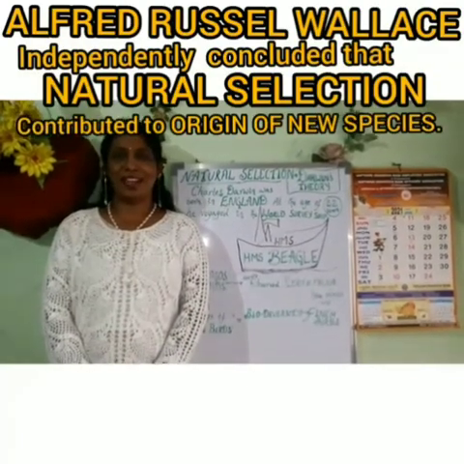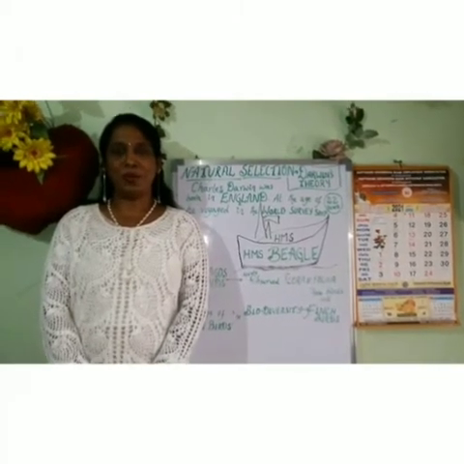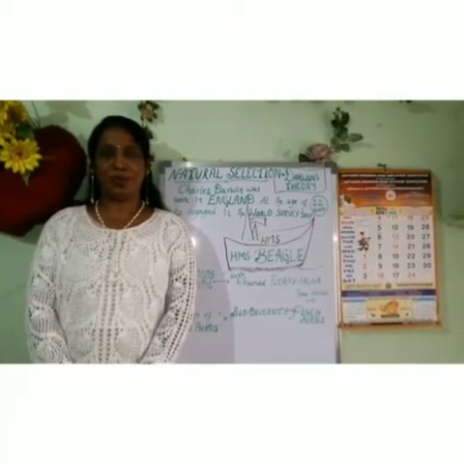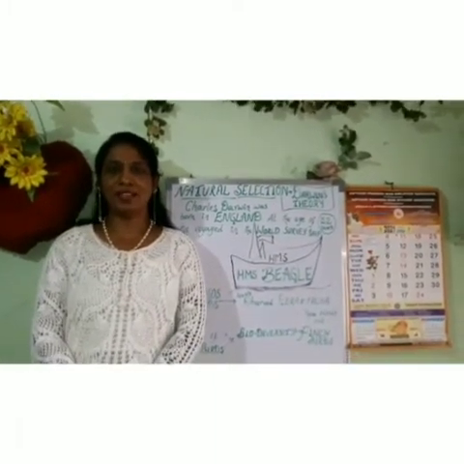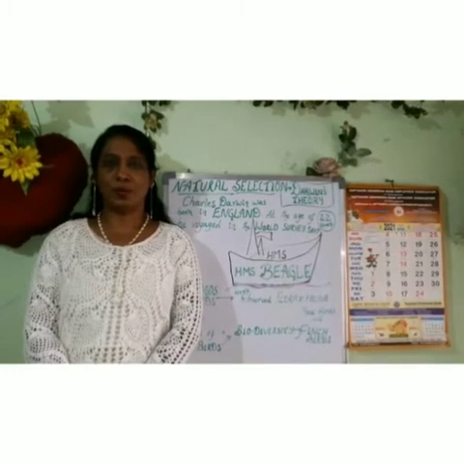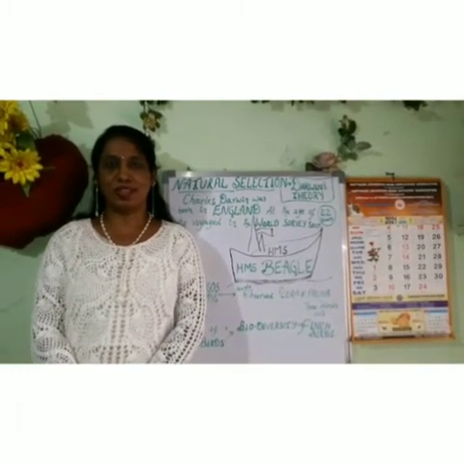Russell Wallace independently concluded that natural selection contributed to the origin of new species. For example, red beetles were seen by the crows and eaten by the crows, and these red beetles were eliminated.